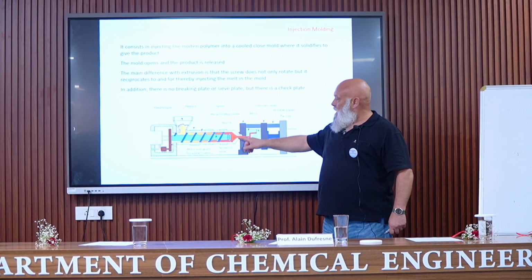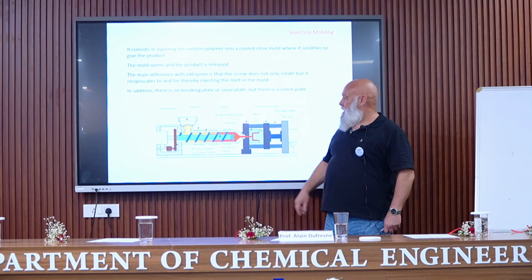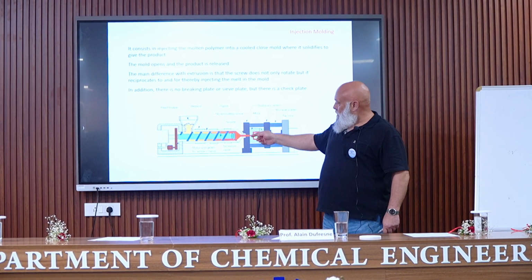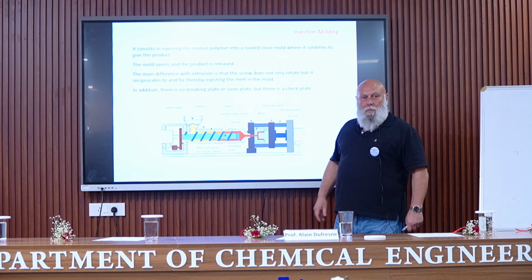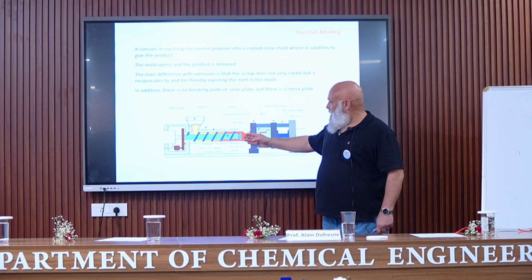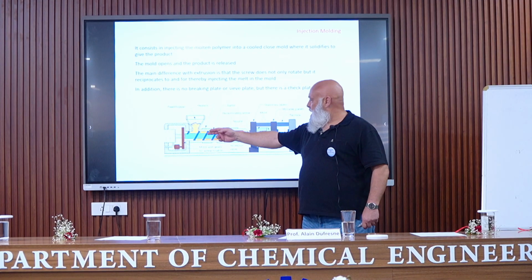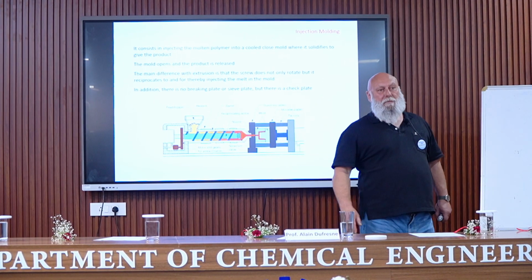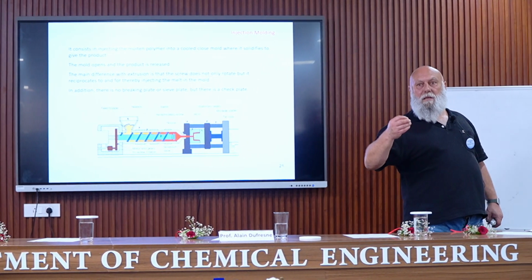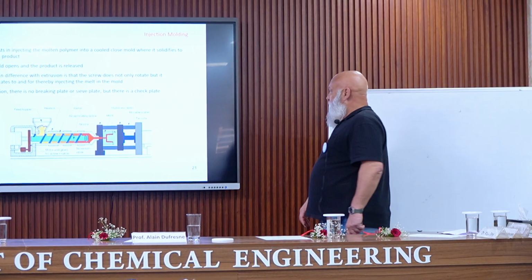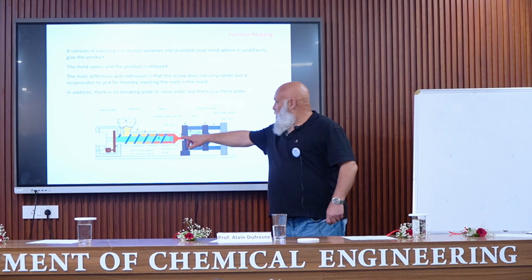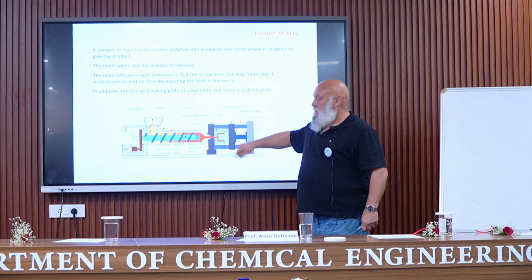So this material is melted progressively and it accumulates at the end of the barrel. The entry of the mold is closed at the beginning, meaning that the screw is going in this direction. And when enough material is melted, the screw translates and the gate of the mold is open to inject the molten polymer into the cavity of the mold.